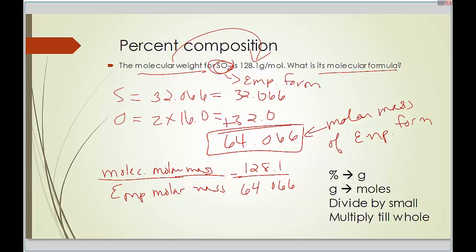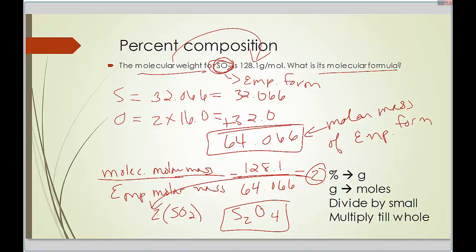That comes out to be approximately 2. So that means this SO2 here would then get multiplied by that 2. That 2 is right here. So that becomes S2O4 as the molecular formula.